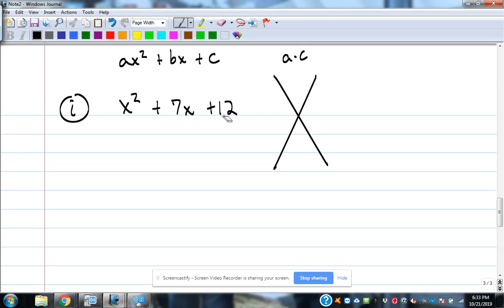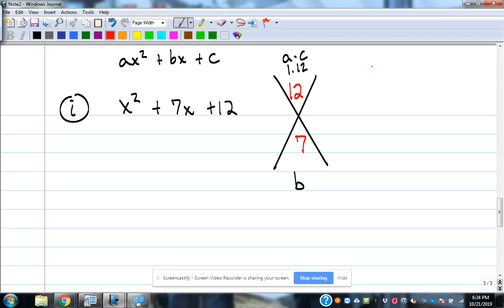So we're saying 1 times 12. And that's going to be 12. And that goes in the top part of your X. The bottom part of your X is always going to be the B value, which is the number that's in front of plain X. What's B for our problem? 7. So there's going to be a 7 in the bottom half of the X.